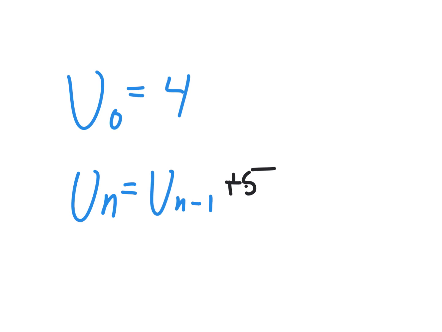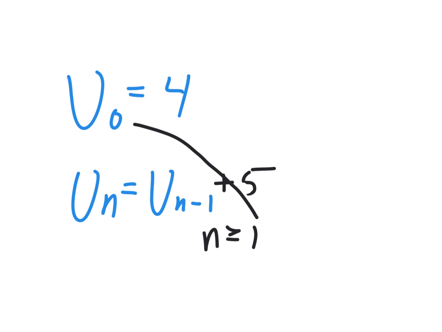We're going to add 5 each time, plus 5. Then what's my domain? N is greater than or equal to 1. It'll always be one bigger than whatever you started with, 0. All right? What does that mean?